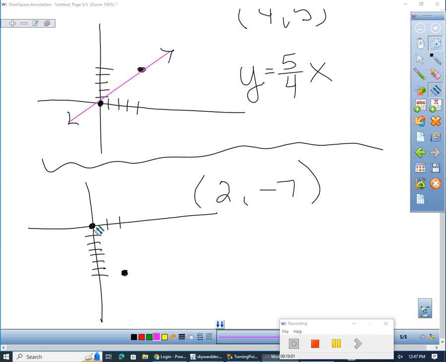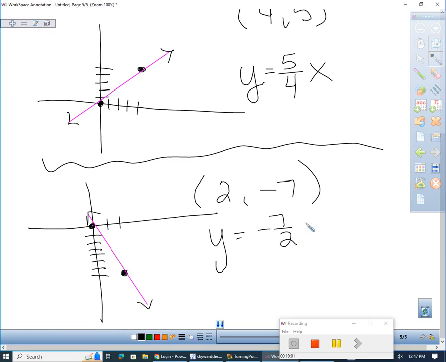We connect our dots. Put little arrows on both ends. And now let's write our equation. y equals kx. What is k? Good. -7/2 x. That's it. Okay? This is what you do for 36 through 42.